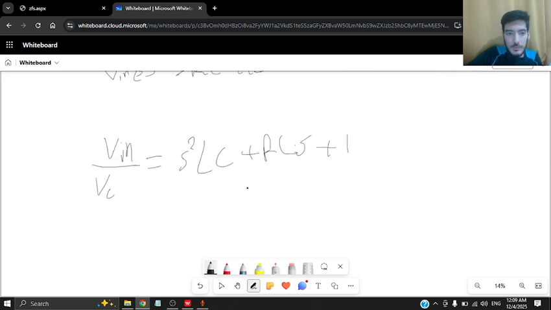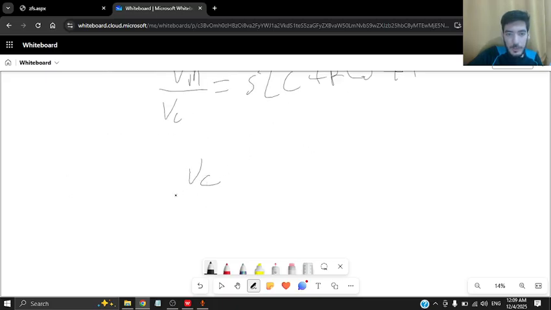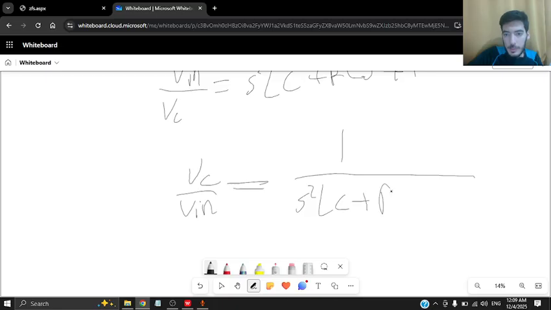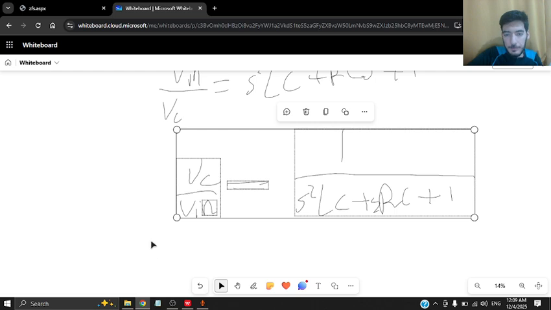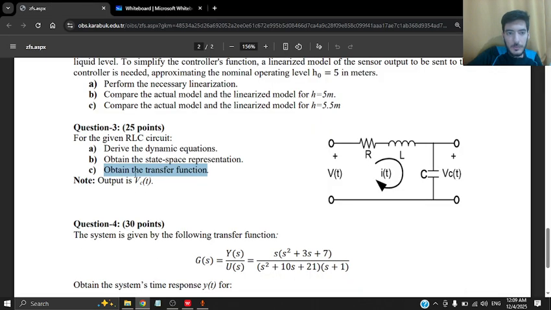And since the transfer function is actually the output over the input, I will flip this equation, so Vc over Vn will be equal to 1 divided by s squared Lc plus Rc s plus 1. And this is the solution for the third question.